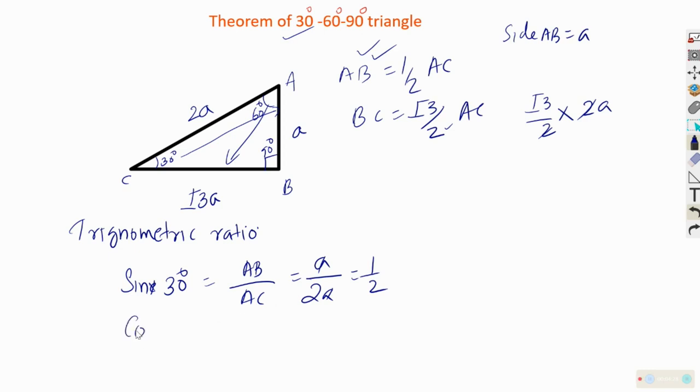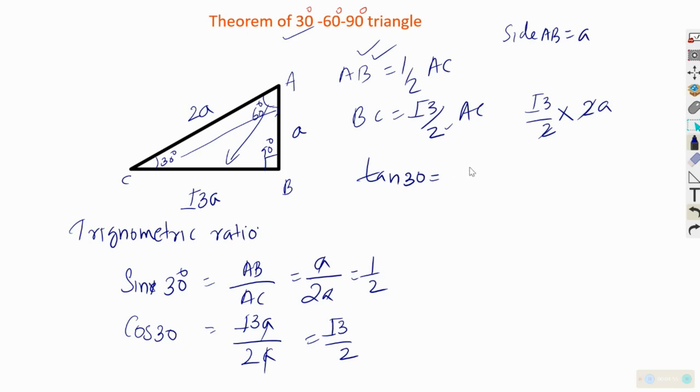Think about cos 30. What will you say? Adjacent side upon hypotenuse. What is the adjacent side here as far as 30 is concerned? Root 3A upon hypotenuse 2A. Again cancel this. You will get root 3 upon 2. What is tan 30? Tan 30 is opposite side upon adjacent side.